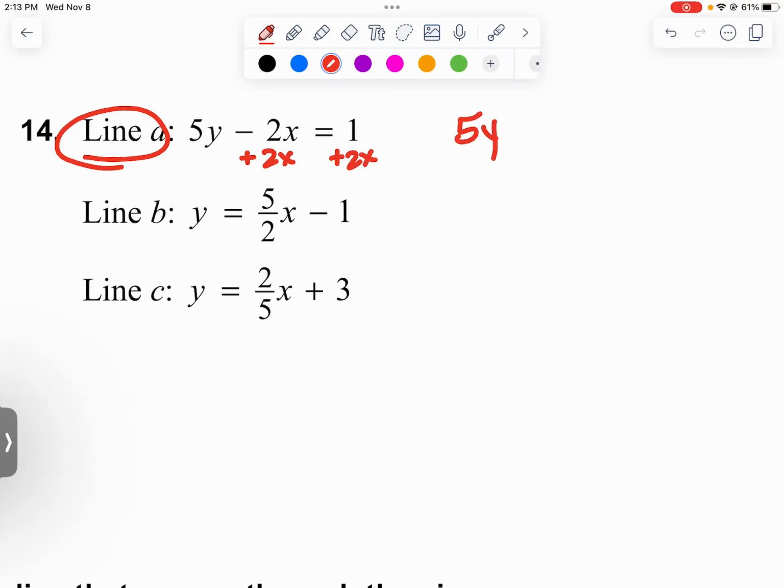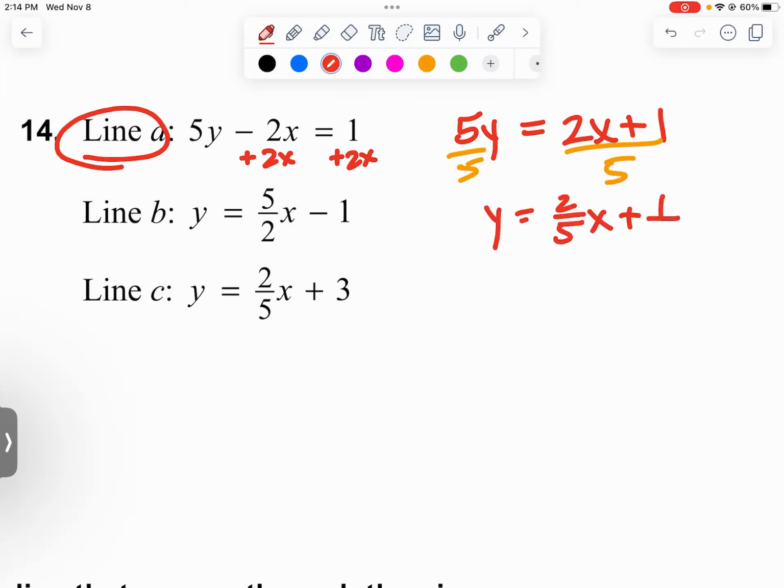So now I have 5y equals 2x plus 1. And then what? Divide both sides by 5. So y equals 2/5 x plus 1/5. Line B is already in slope intercept form, and so is line C.